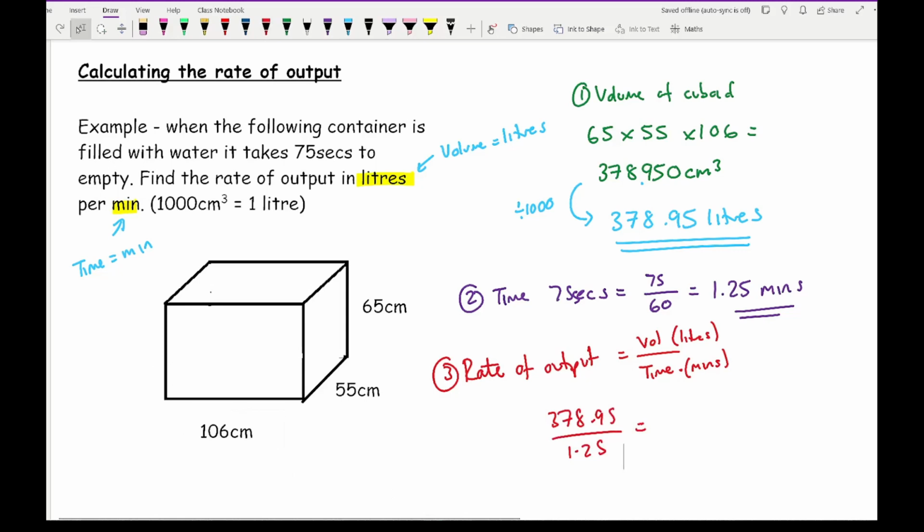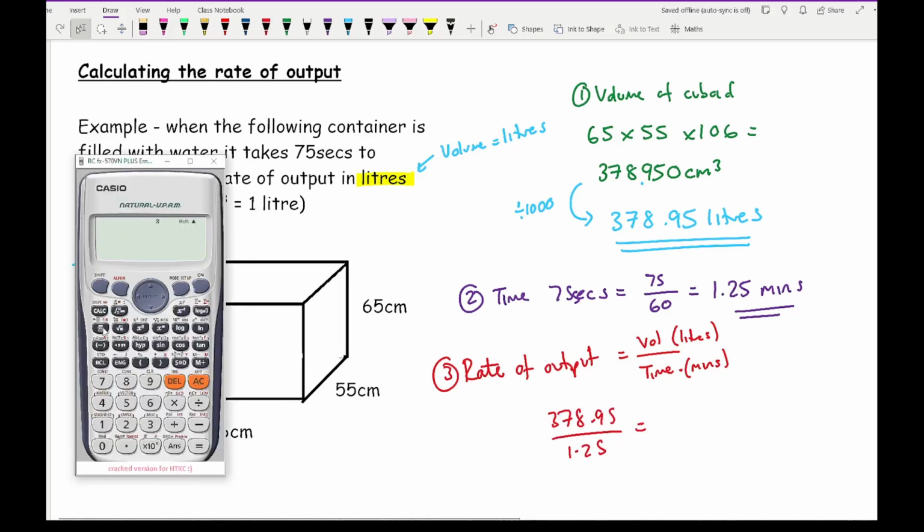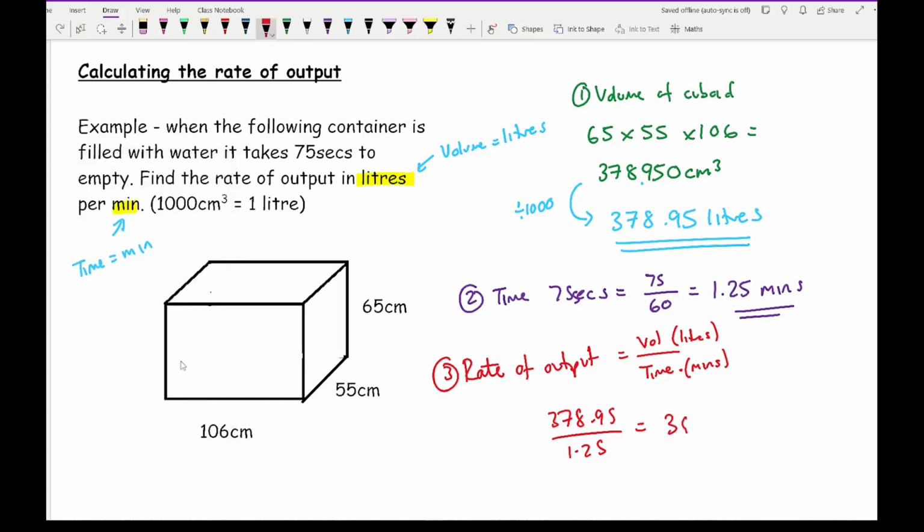And if I get the calculator back, 378.95 divided by 1.25 equals, and it comes out as 303.16. So 303.16, and that's litres per minute. And there we go. Now per just means a line, but again, if you want to write litres per minute, that's fine. Or if you want to write litres/minute, it means exactly the same.